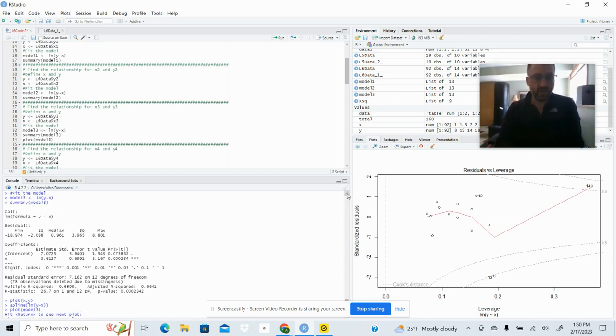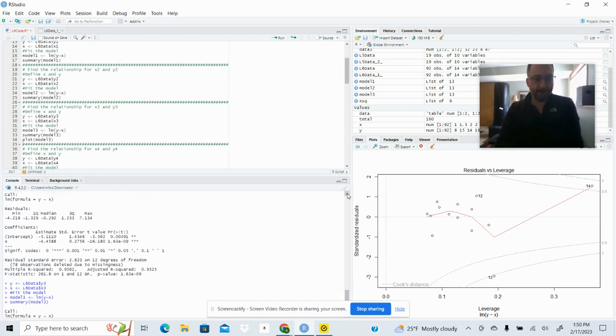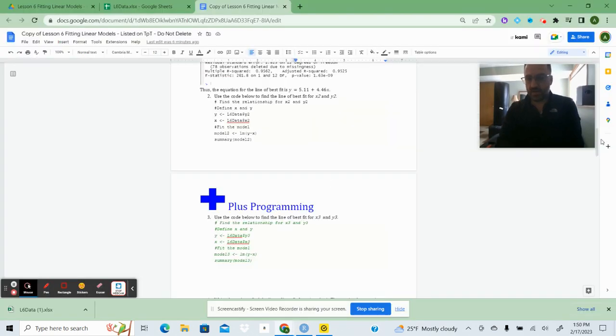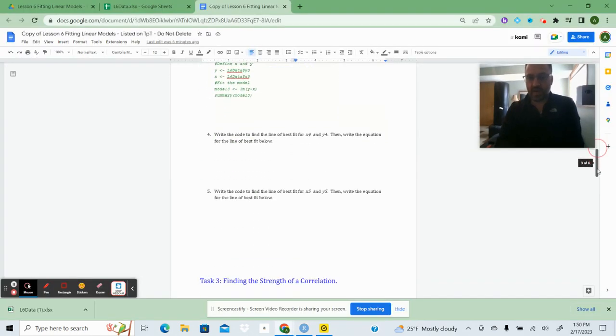So what we're going to do now is move on here. So we did y3, x3, and then we're going to do the same things and rewrite the code for x4, y4, and x5, y5, and do the line of best fit.